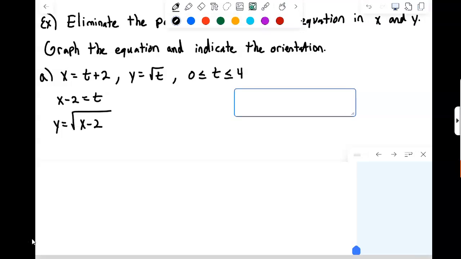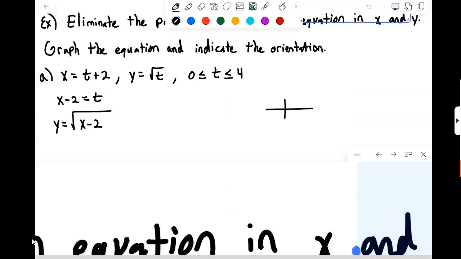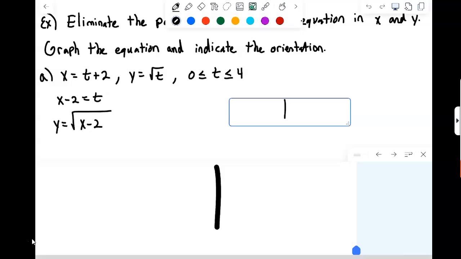Okay, so at this point, we know we're going to be dealing with the graph of the square root of x minus 2. We remember what the basic shape of the square root graph is.